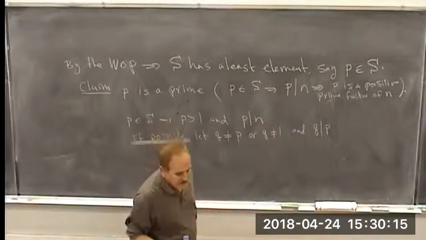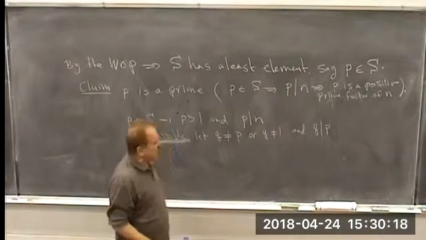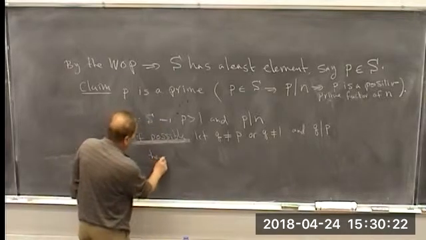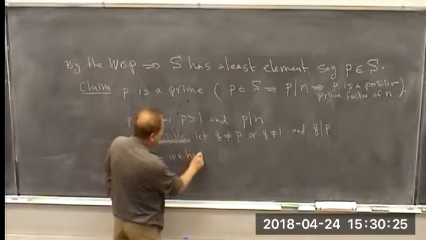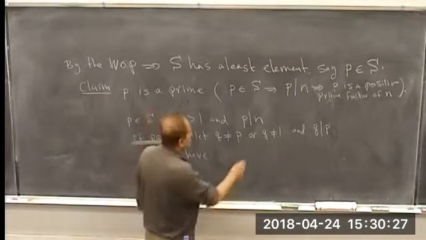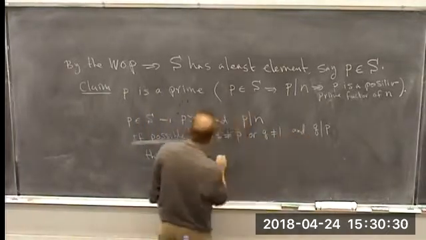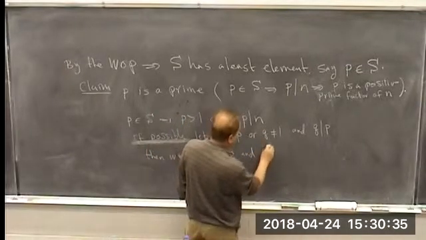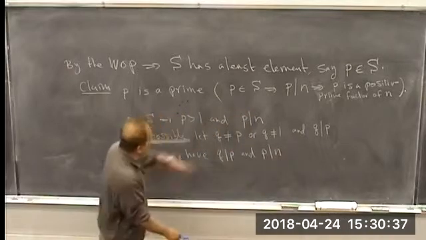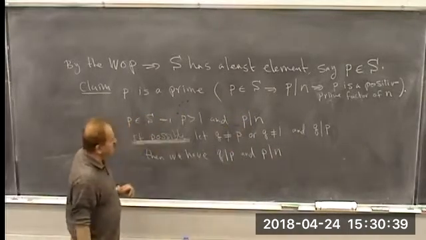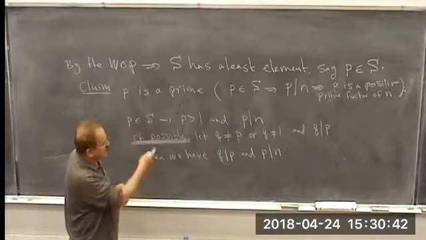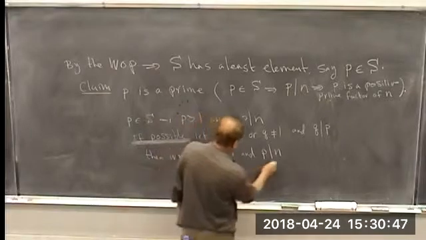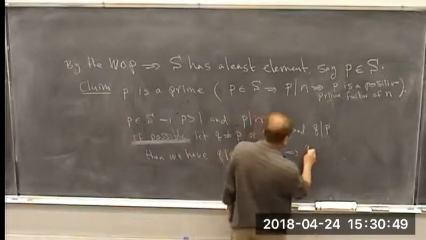Then we have Q divides P and P divides n, because P is in S. Then by the transitive property for divisibility, this implies that Q divides n.